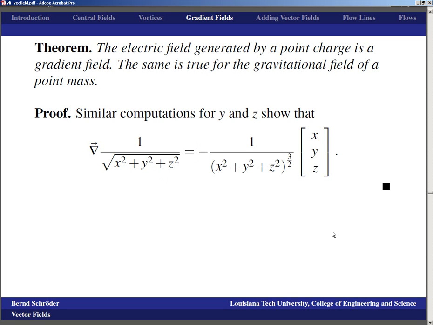So that is certainly one of the reasons why physicists are so interested in gradient fields, because electricity as well as gravity are very important phenomena, and the fact that those things are gradient fields really helps us with their description. Another question that you may ask yourself is, how do you find the potential function of a vector field that is given to you?